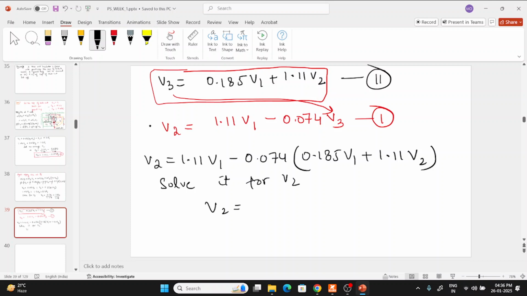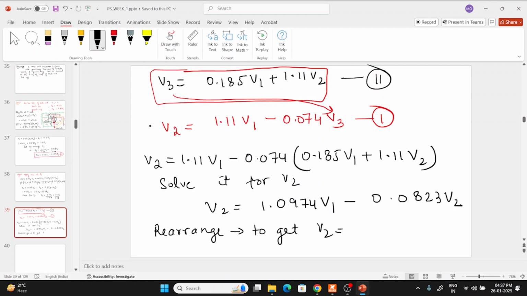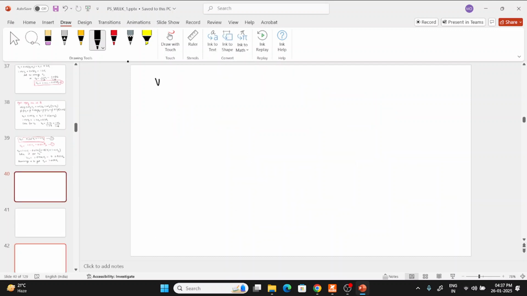So V2 comes out to be 1.0974 V1 minus 0.0823 V2, and rearranging to get V2, V2 will come out to be around 1.0139 V1. I think that will be the answer. So we get V2 is equal to 1.0139 V1.